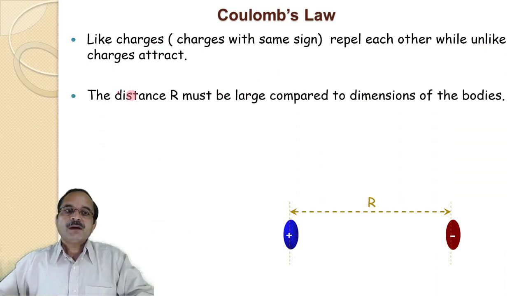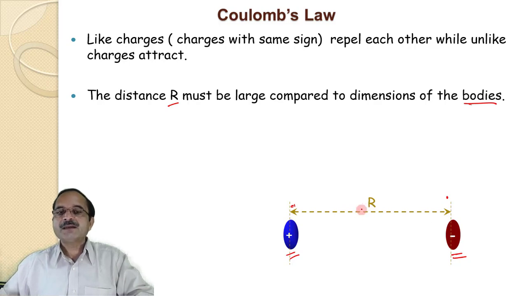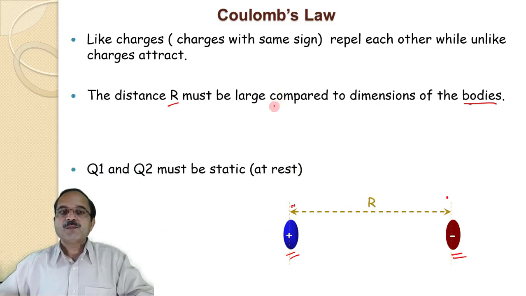Now when we apply these formulas that we have seen in the previous slide, to find out the force on one charge because of the other charge, we assume that the two charges are point charges. This can be point charges only if distance r is very large as compared to the bodies of the charges. In that case this can be considered as point charge.